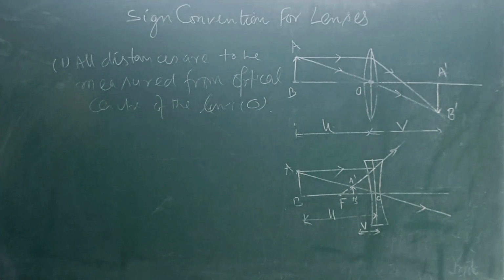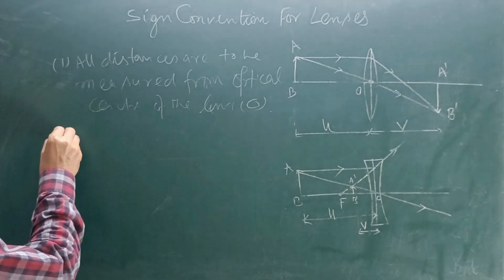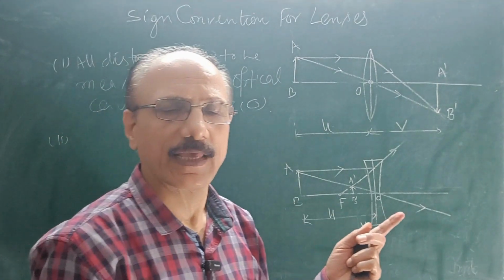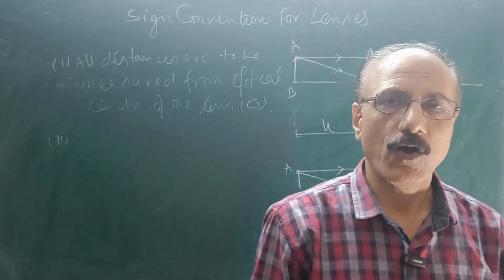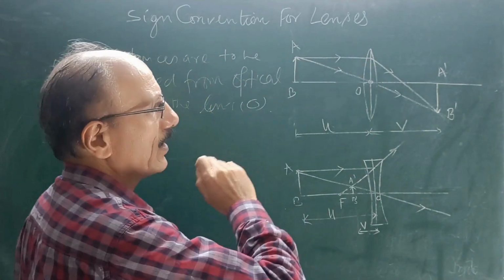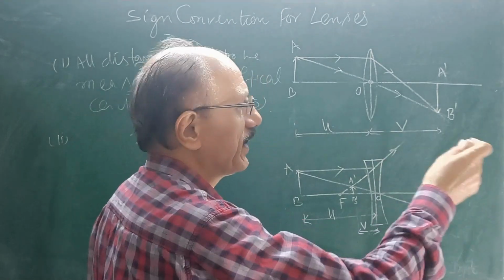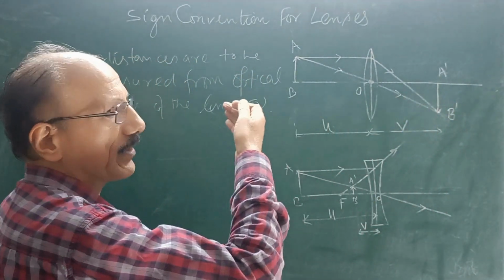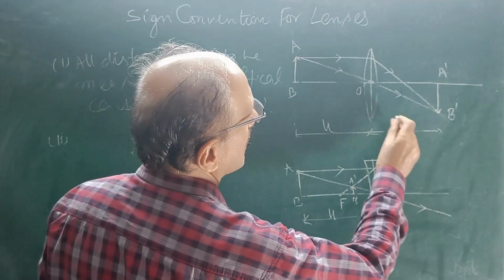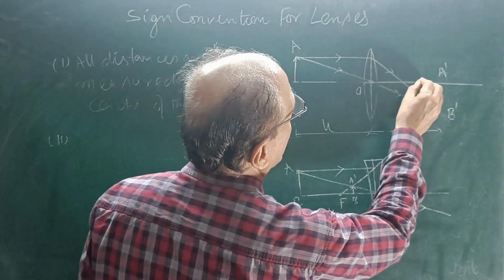So this is clear. The second rule is again the same as in the case of spherical mirrors. All distances along the incident ray will be taken positive, and in the opposite direction to that will be taken negative. So in this case, this is the V. So V means OA dash.